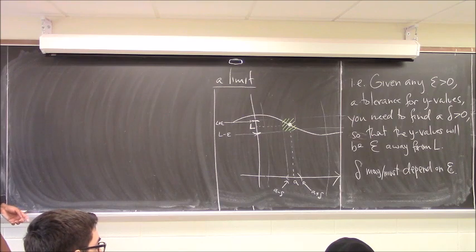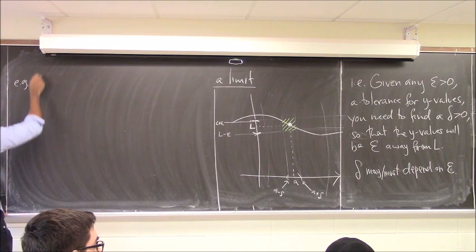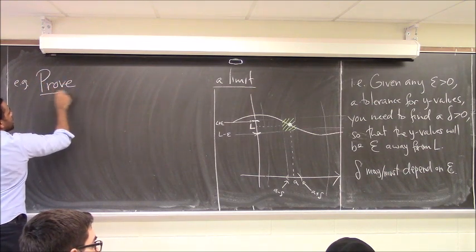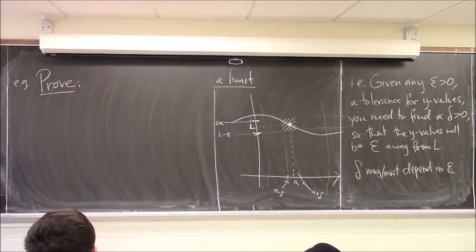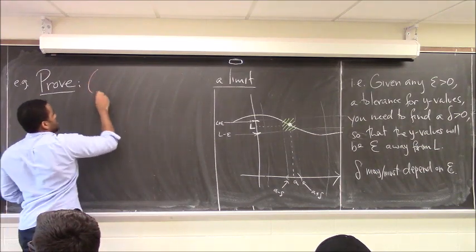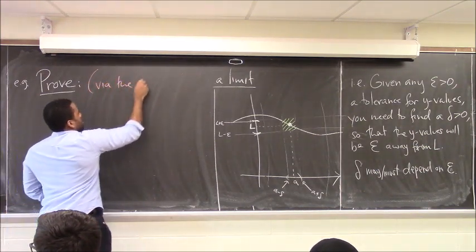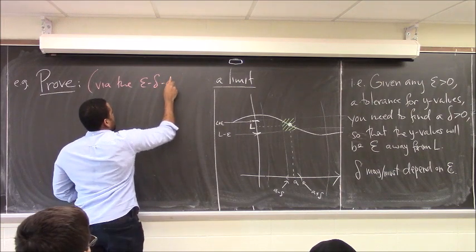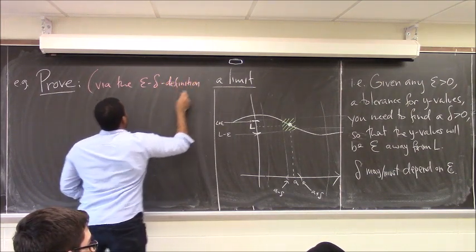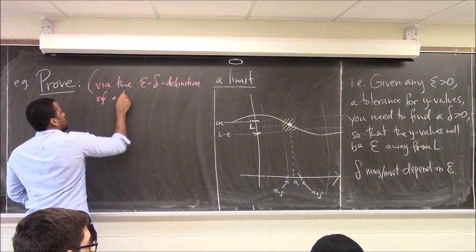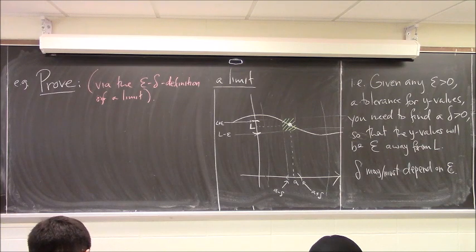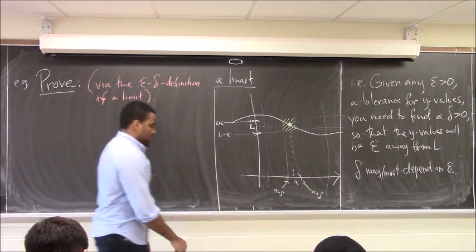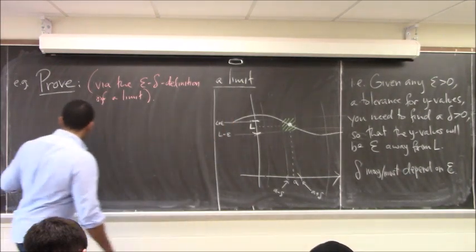And so whenever you're asked to prove a limit exists, or show a limit exists, or use the epsilon delta definition of a limit, it means you have to use the definition that I have written down here.